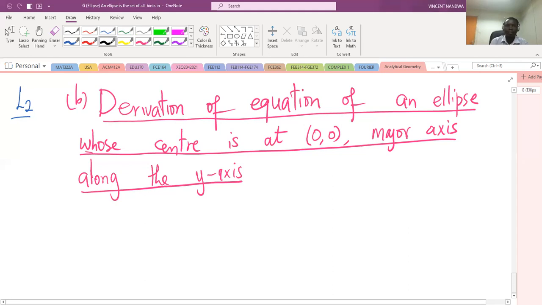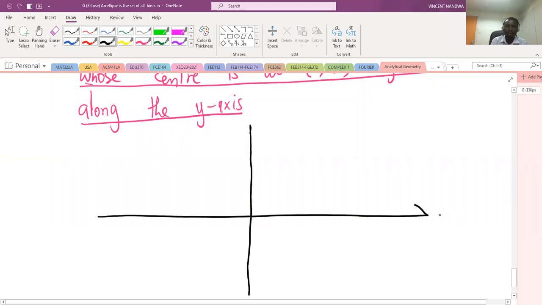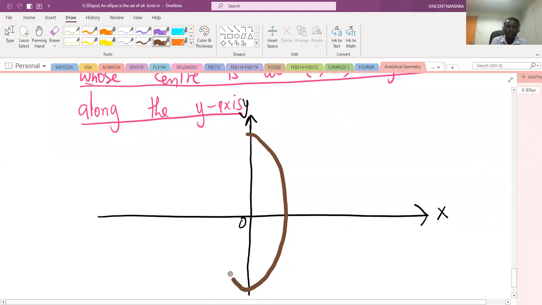So we draw the axes. This is the x, this is the y, this is O, and then let this be the ellipse.